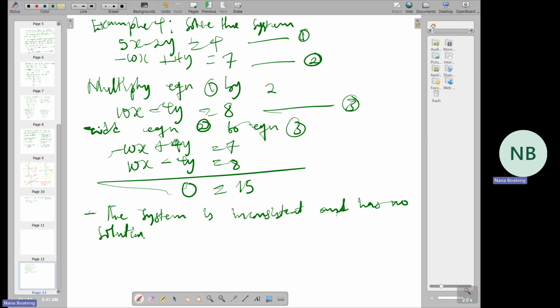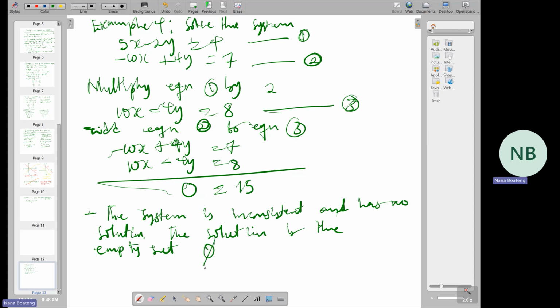So we write that the solution set will be an empty set. The solution set is the empty set.